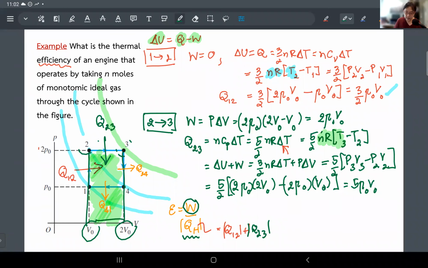Okay. And you guys vaguely remember, I hope, how can you figure out the work done in the cyclic process? Yes, correct. Whatever you're thinking is correct. It's going to be the area enclosed by this process. Remember that?